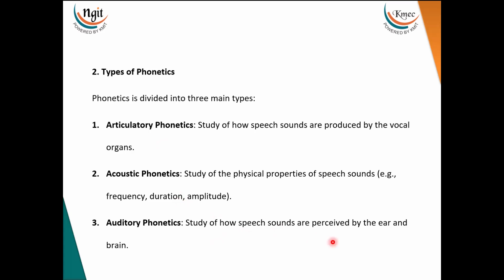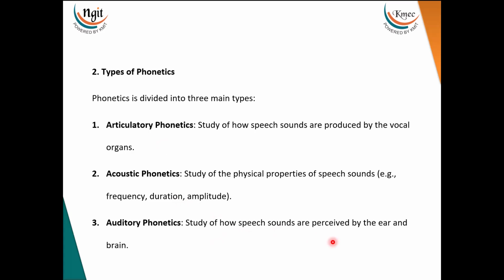Auditory phonetics is concerned with how speech sounds are perceived by the listener's ear and brain. Let us take an example: understanding how listeners distinguish between similar sounds, as we have seen in our previous slide, based on frequency and form and structure.